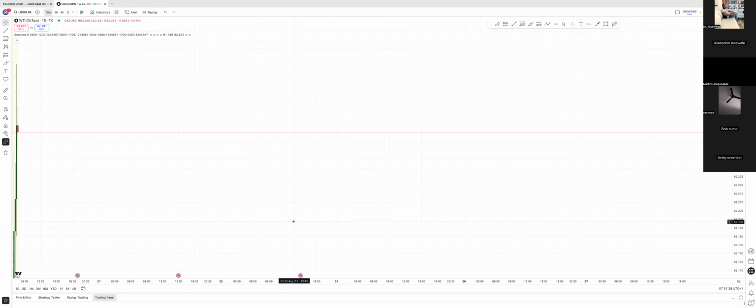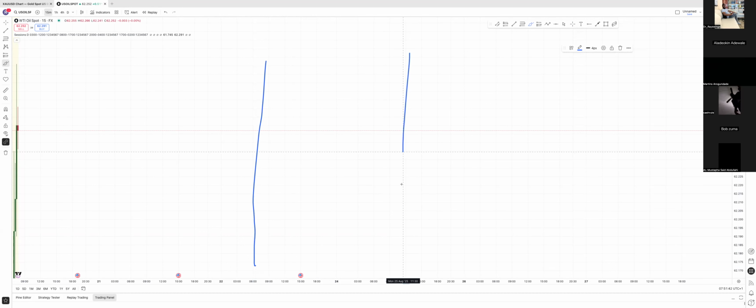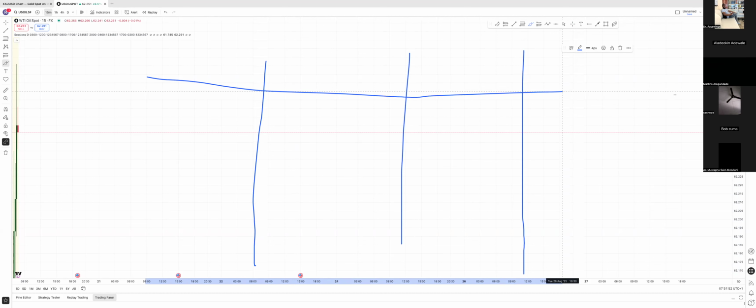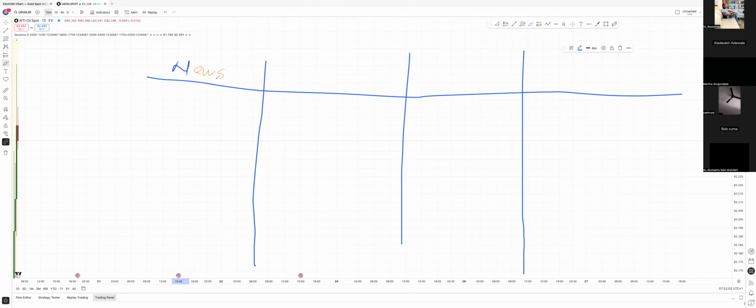So beautiful. This chart I'm about to show you now, please don't forget it for the rest of your life. So look at this. This is the news.